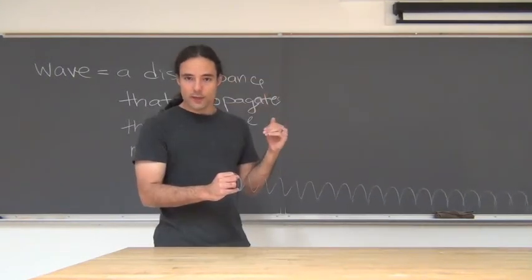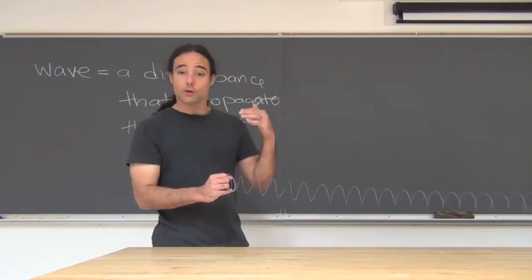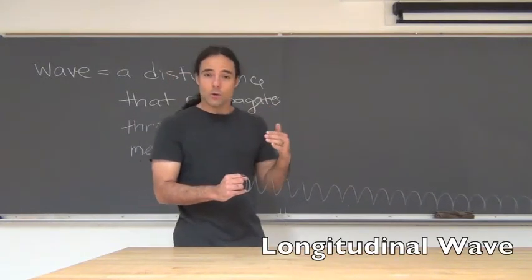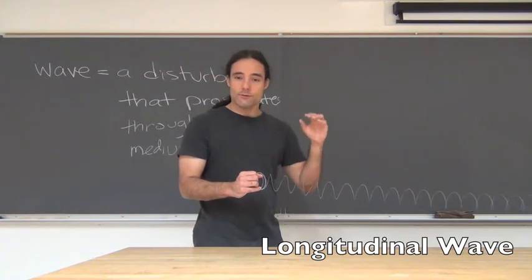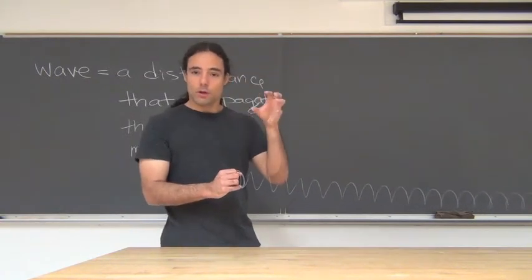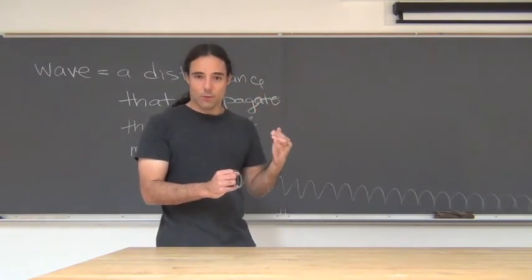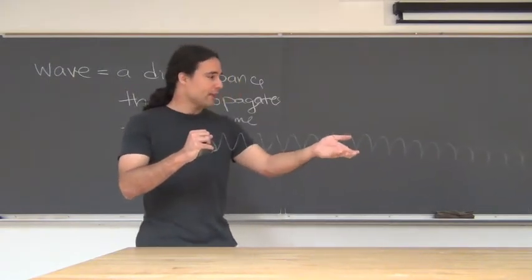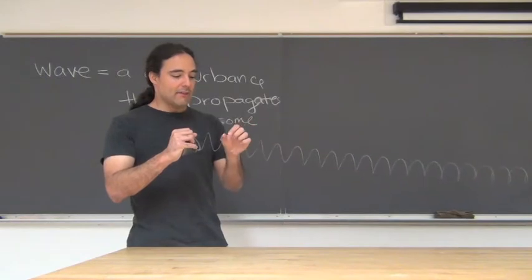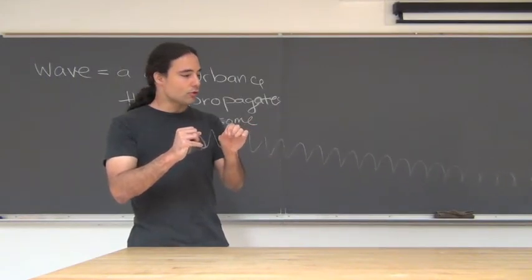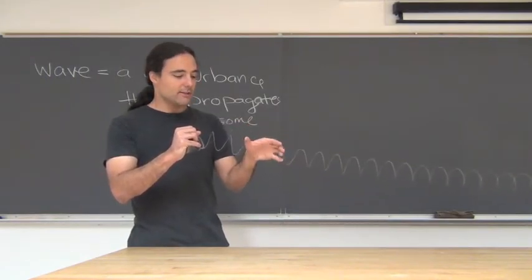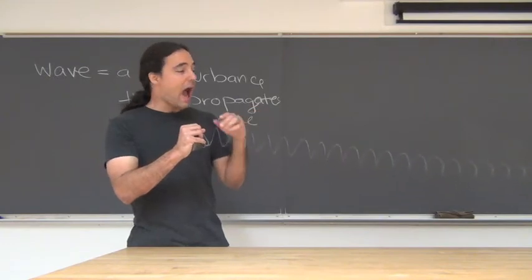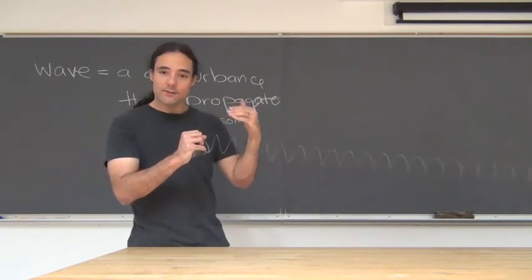In addition to transverse waves, we also have a second type of wave called a longitudinal wave. Longitudinal waves are waves where the individual particles, the matter inside the wave, move in the same direction as the wave. So here I have a slinky that's stretched out. If I just give it a little push, I can send waves down the length of the slinky.